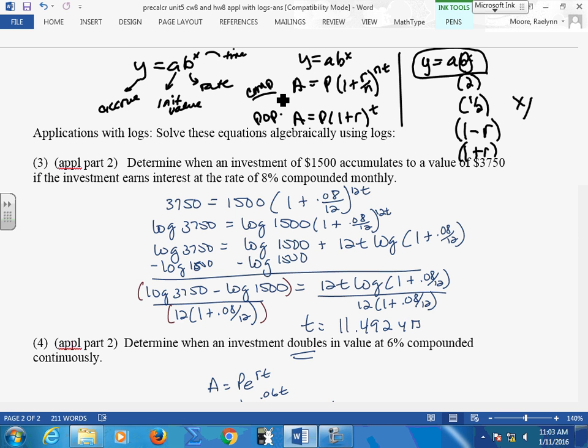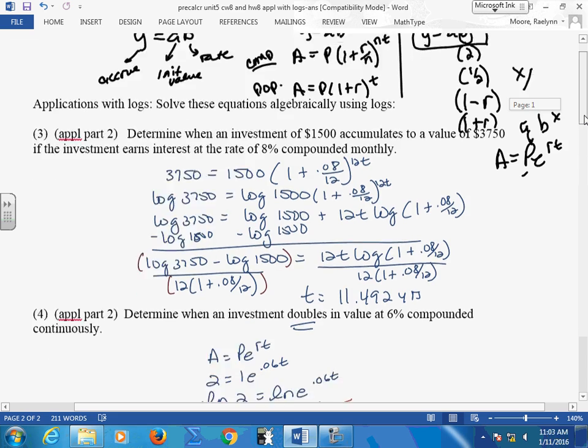That works a little bit differently. It still is my A, my B, my X. It still is the same thing. Principal, but the E is a little different. The E is my continuously, technically. All right? So they all work off of that.